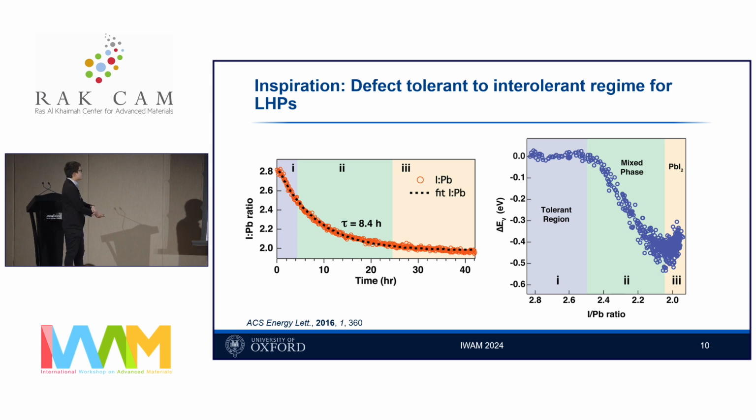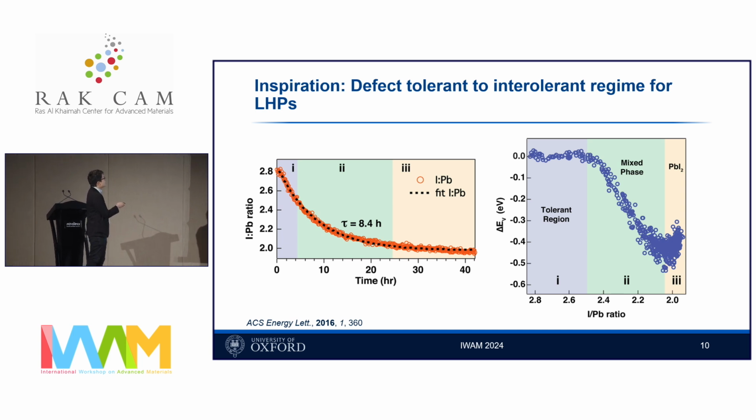We were inspired by this paper from NREL, published in ACS Energy Letters a few years ago. What they did here was they put their perovskites into an XPS vacuum chamber and irradiated them with X-rays for 24 hours under vacuum. You can see that that led to a removal of the iodine, removed as methylammonium iodide.